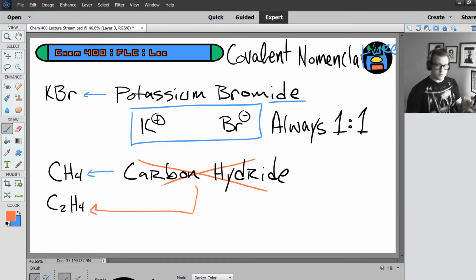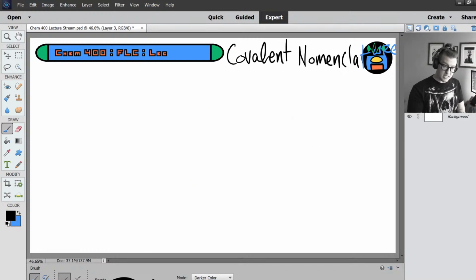The trick with covalent compounds: ionic compounds are simple, it's always the same ratio of elements. Covalent compounds have no fixed ratios. It could be CH4, C2H4, or C2H6. There's all sorts of different ratios that they can come in. So we need a different system of nomenclature in order to name these covalent compounds.